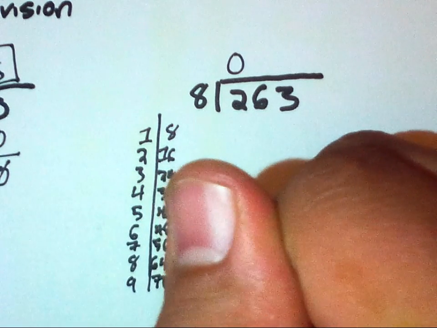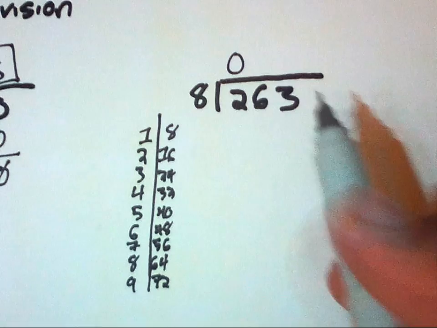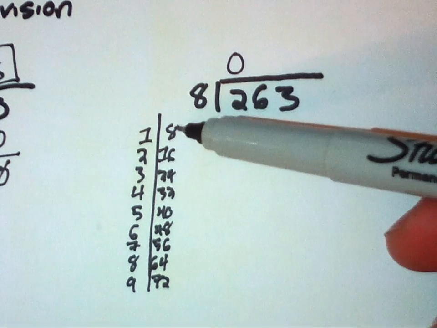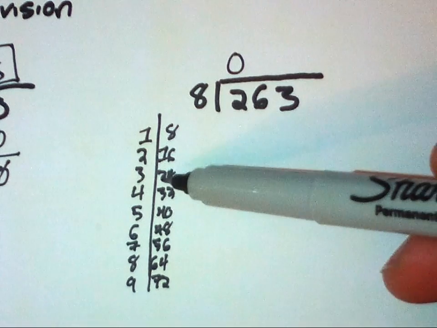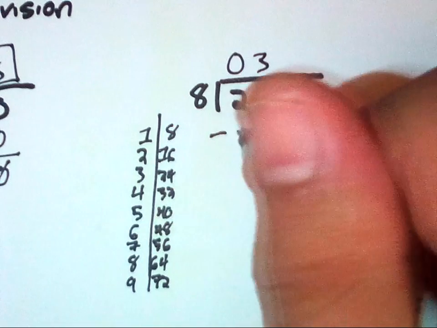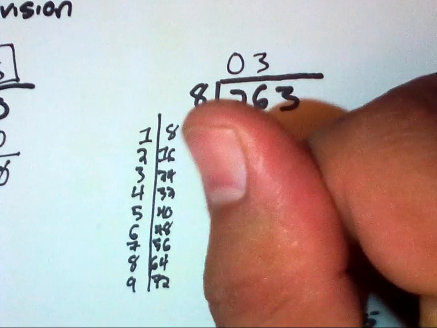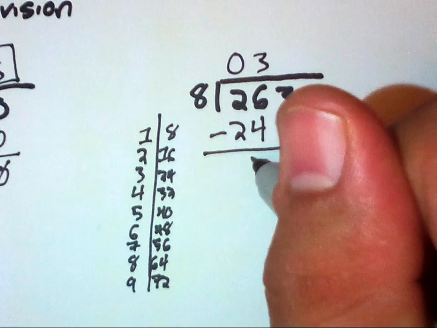And the reason I'm not doing 80 is because if you call for 10, you kind of made a mistake earlier. So 26, the biggest number before going into that would happen to be 3. Okay, so that would be 24. So we're going to go ahead and subtract 24. So 2 minus 2 is 0, and 6 minus 4 is 2.